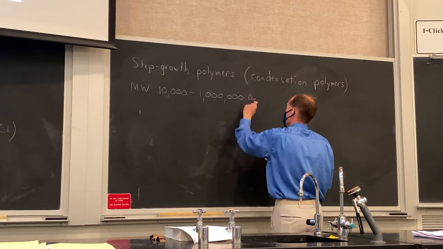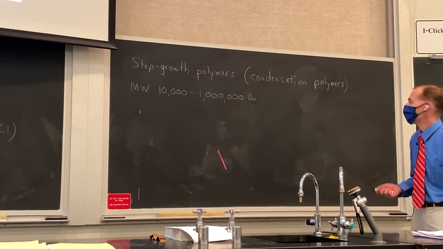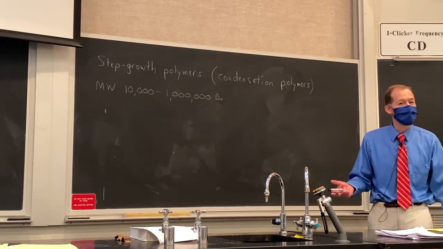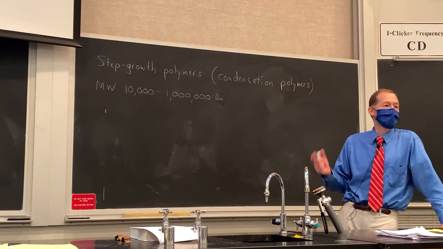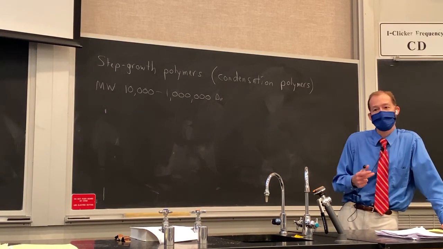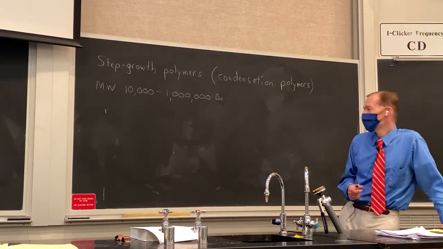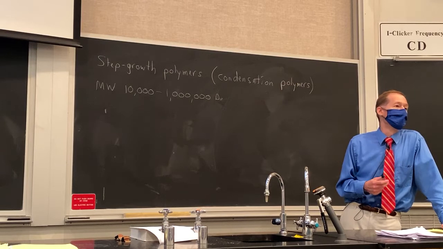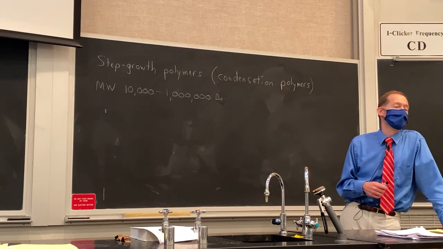Okay, Daltons are the units, grams per mole could also be the units we use for molecular weights. So these are very large molecules. For comparison, most of the simple organic molecules we've talked about in class, which are typically called small molecules to distinguish them from polymers, have molecular weights less than 1,000. Okay, so you can see that polymers are substantially larger and longer chain molecules than our small organic molecules.